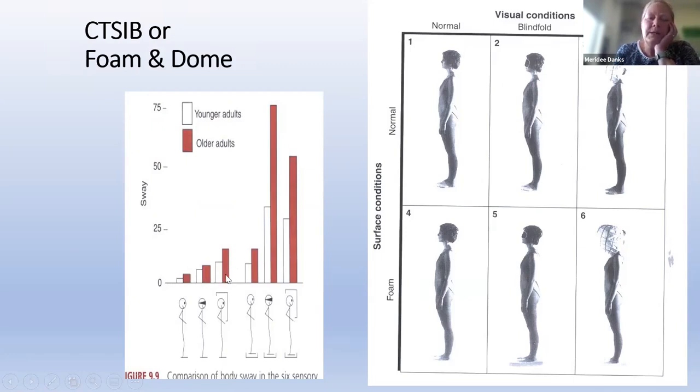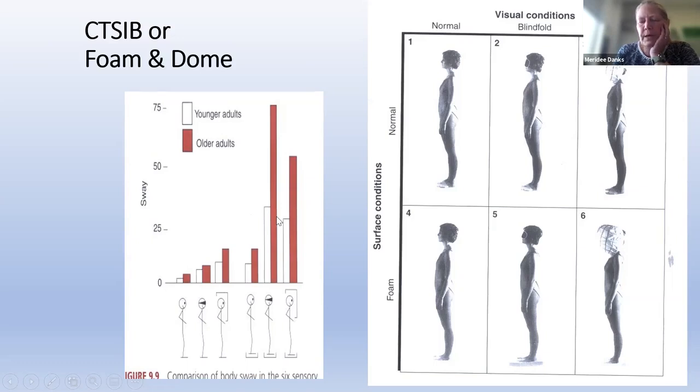But when they started to take the somatosensory system out a little bit more, and especially when they were on foam and they manipulated the vision, so eyes are shut or there's a dome over, people that were older had much more difficulty with the balance.